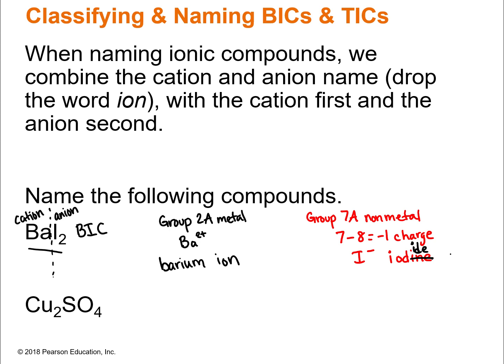Add IDE and the word ion to make the iodide ion. Now I get rid of the word ion from both of these and I smush them together. I want this word and this word. And that makes barium iodide.